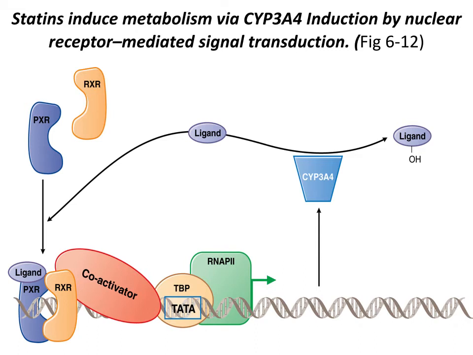Remember nuclear receptors: they complex up with these things, bind DNA, and regulate gene expression. So atorvastatin induces CYP3A4, so it makes more of it, and then is metabolized by it. And a whole bunch of other stuff is metabolized by CYP3A4. So that's why I'm showing you this again.